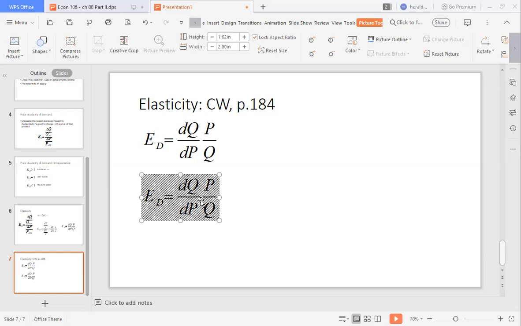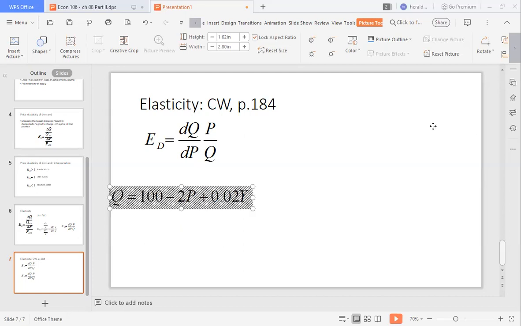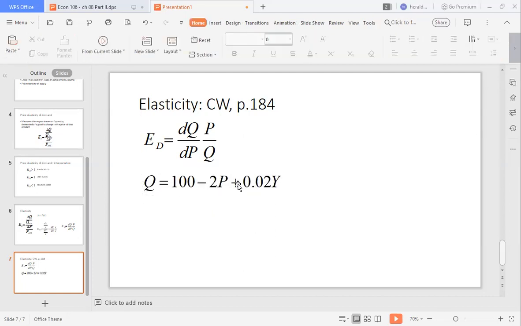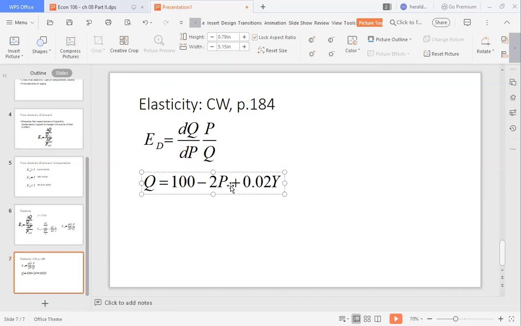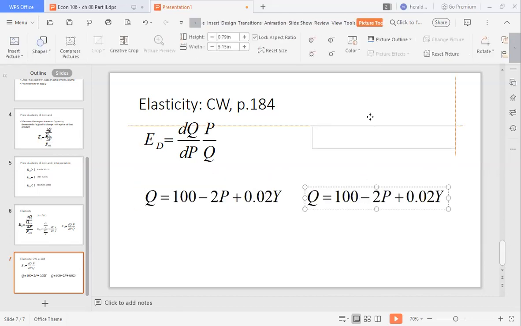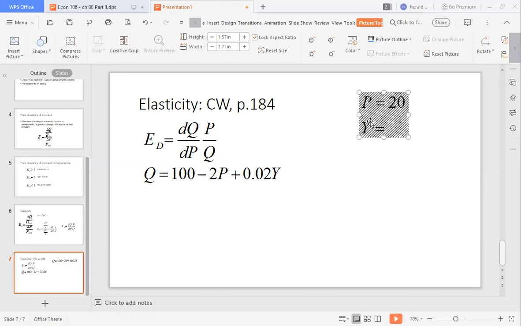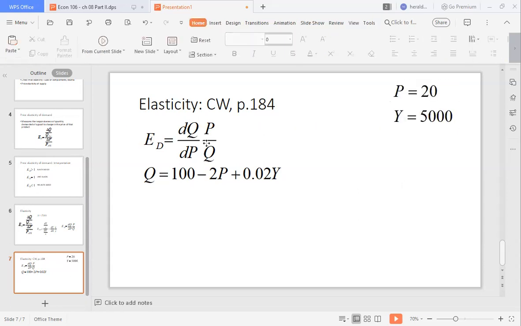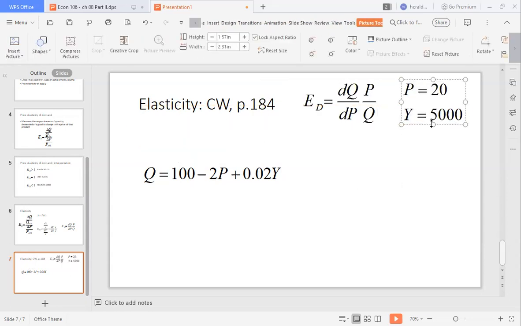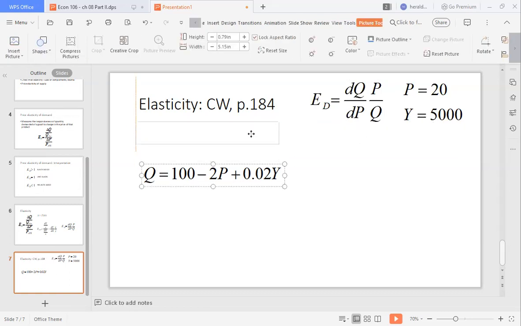So when you have this demand function, we also specify that P is equal to 20, and also Y is equal to 5,000. Okay, I'll put these on the side because, as you know me, I put things on the side just for me, just as a guide.